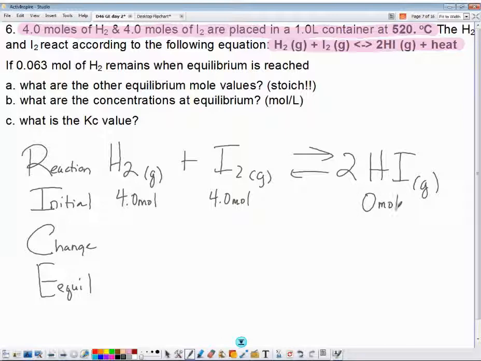Why? Because they didn't give me a value for HI. Very important in the reading and the interpretation of that reading into your ice chart. All they said to you was hydrogen and iodine. Everybody else is 0. Otherwise, they would have mentioned it. They did not.